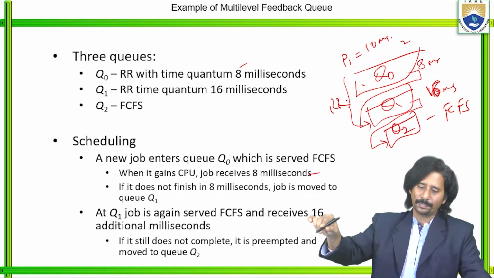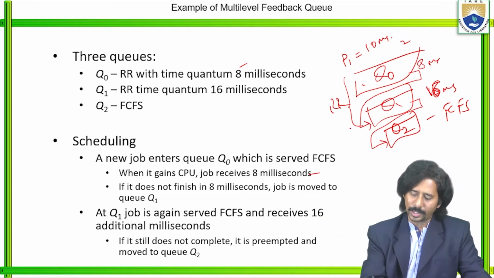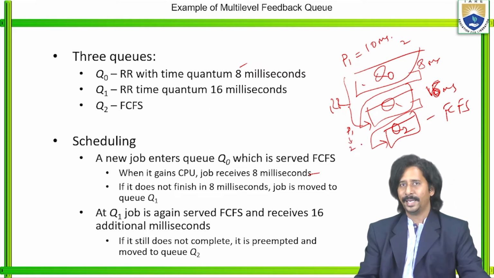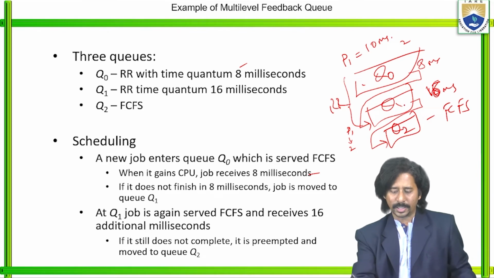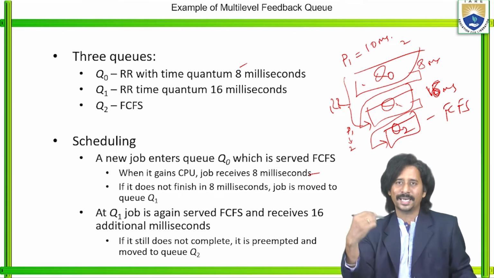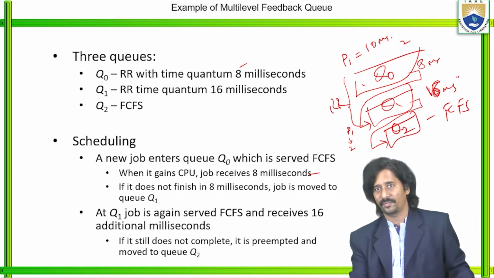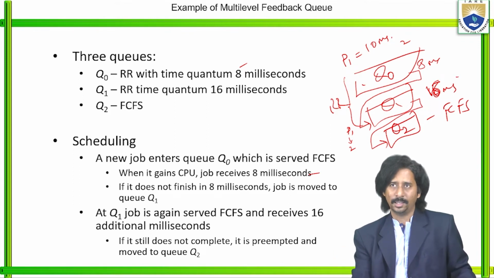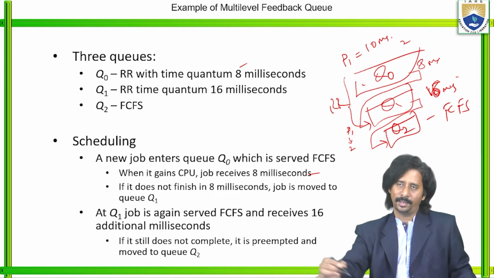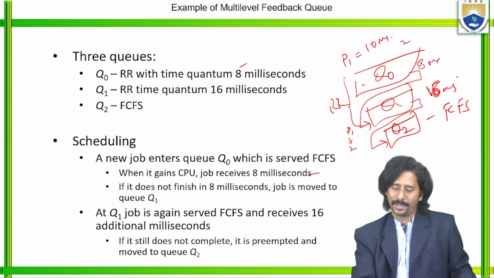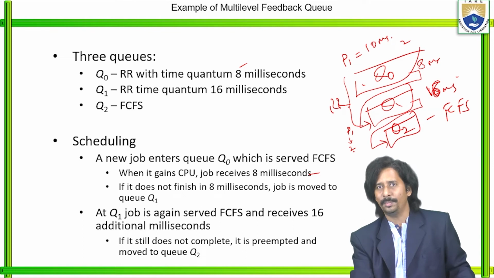Now that process P1 enters into Q1. Here process P1 is there, but the burst time of P1 is only 2 milliseconds. At Q1, the job is again served as FCFS and receives 16 additional milliseconds of time. So there is a maximum limit of 16 milliseconds, but here the process execution time is only 2 milliseconds.